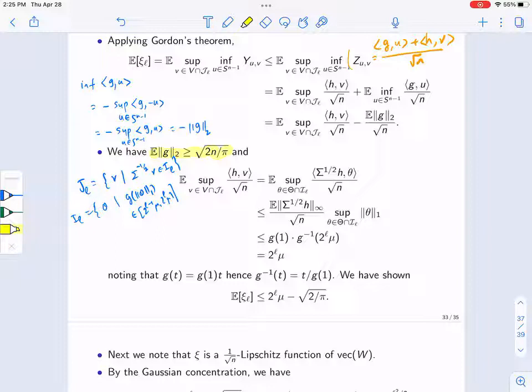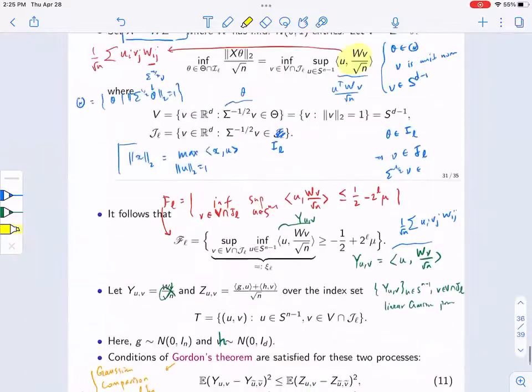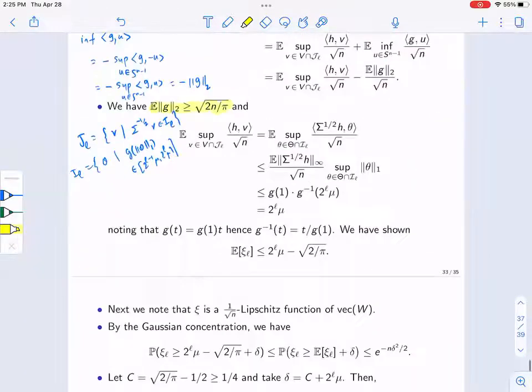I'm going to recover the theta. So V intersect JL, we call that. What was V? V was sigma 1/2 theta, right? So I'm going to replace this with sigma 1/2 theta, and then it means that theta is in capital Theta and IL, because that's how this was.